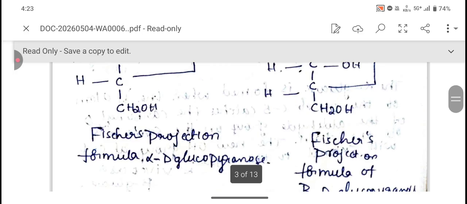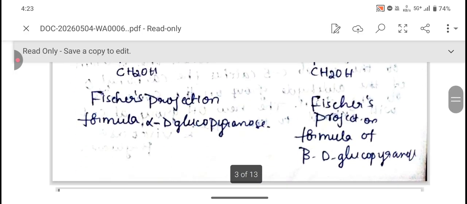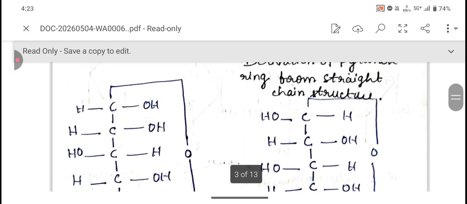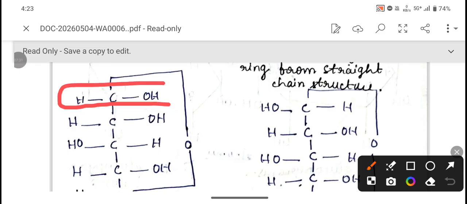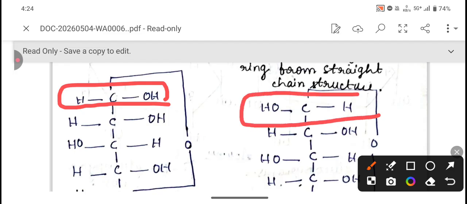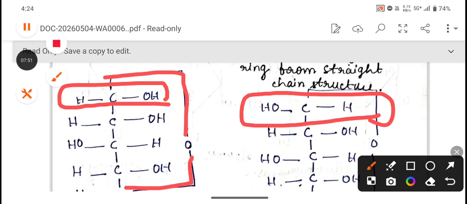This is the Fisher's projection formula for alpha D glucopyranose, and this is beta D glucopyranose, where you can see the difference in alignment. At the first carbon, the HOH groups are aligned differently in alpha D glucopyranose, and in beta D the alignment is reversed. This condensation leads to the formation of a hemiacetal ring between the fifth and first carbon atoms.